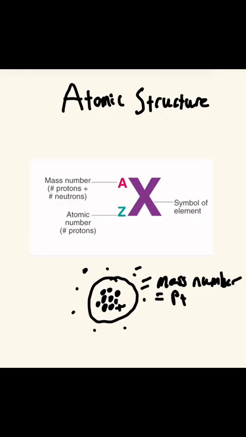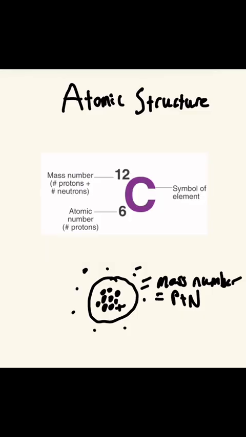So if we have a mass number of 12, then you'll find that there's 6 neutrons and 6 protons within the nucleus. So if we look at a specific example now, let's have a look at carbon. Mass number of 12 and an atomic number of 6. So that means that there's 6 protons and 6 neutrons within the atom.